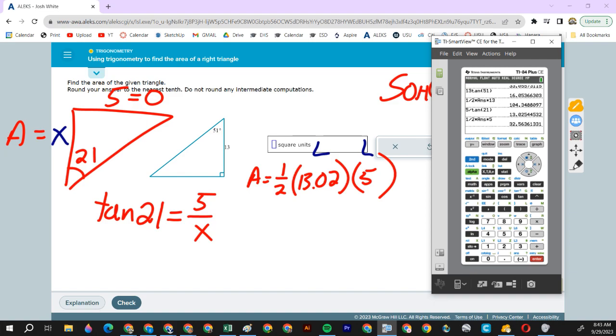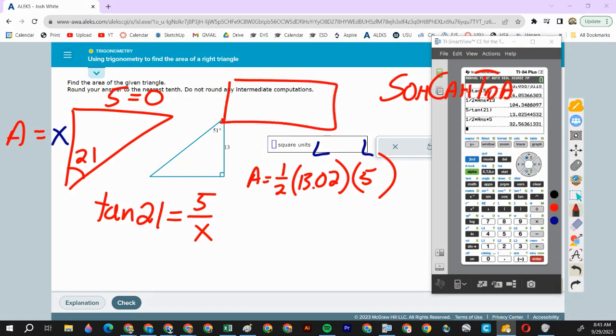Do you guys know why the area of a triangle formula works? Why is the area of a triangle 1/2 base times height? Half a square or a rectangle, right? If I had a rectangle or a square, this area is base times height. So any triangle that is built using the vertices of that rectangle is going to be half that big.